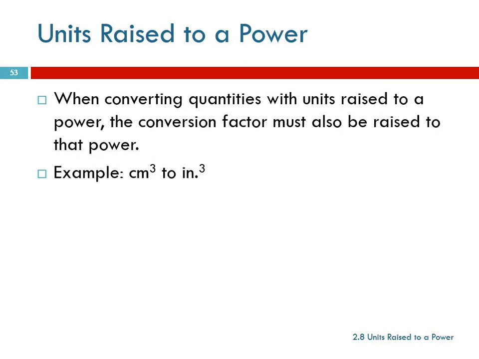You use the same conversion factor, but you have to square it or cube it, whatever is being done to the units. So what does that look like? Well, if we have cubic inches and cubic centimeters, and we're trying to convert to cubic inches, we can use the same conversion factor that we used for centimeters to inches. 1 inch is 2.54 centimeters.